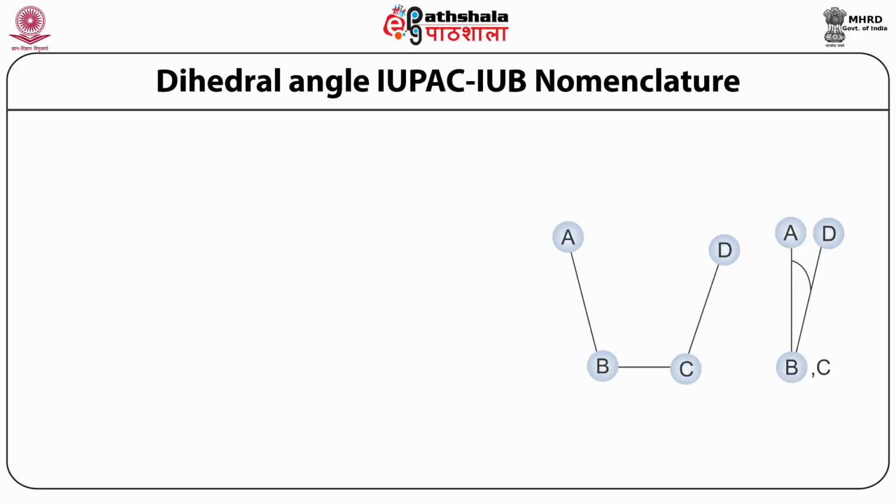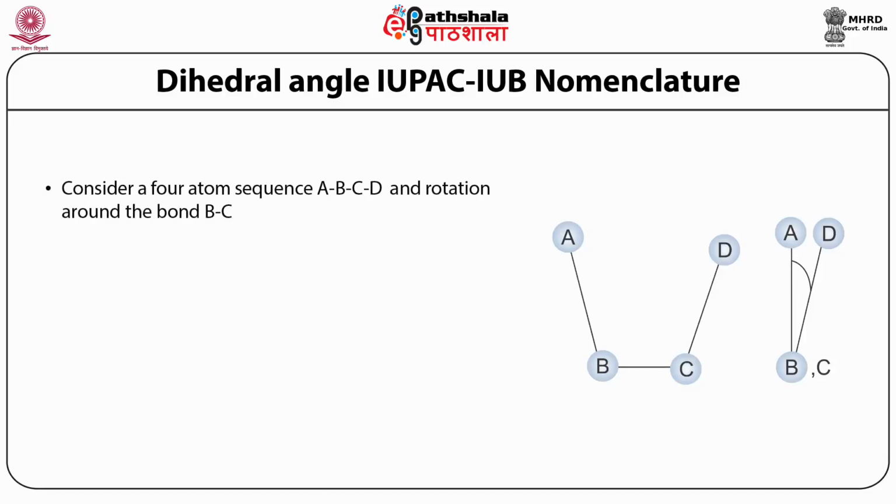Dihedral angle, IUPAC-IUB nomenclature. Consider a 4-atom sequence A, B, C and D. Now look from B to C and consider atom A at 12 o'clock position.